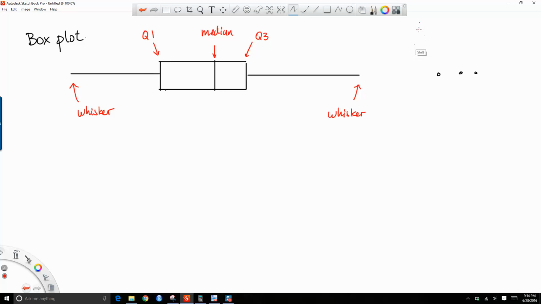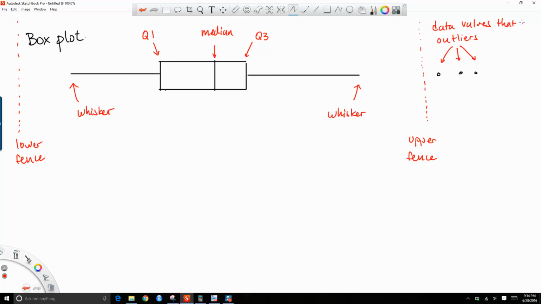And there's an invisible line called lower fence and upper fence. And these are data values that are outliers. Okay.